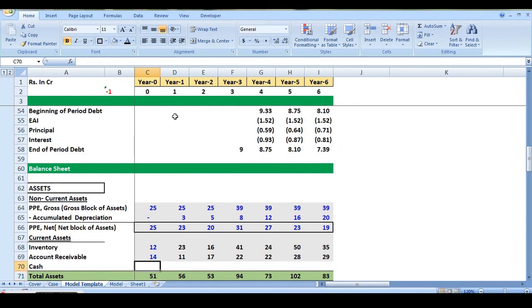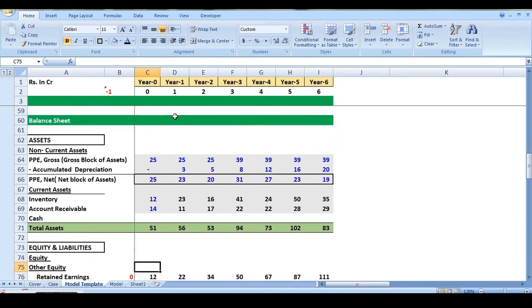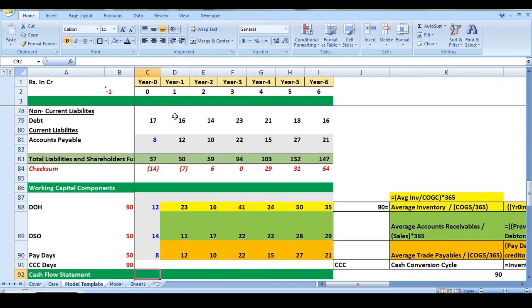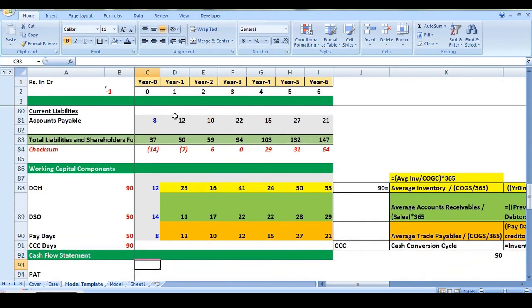All these values are dependent on the cash balances, which we have to calculate by preparing the cash flow statement. So in our next video, we will be preparing the cash flow statement for this organization, and at the same time we will be doing the valuation for this particular case.